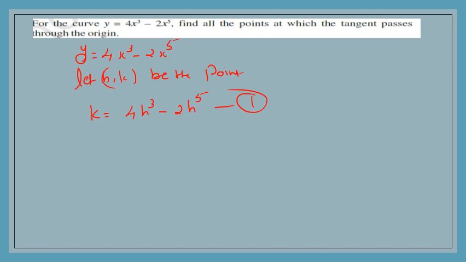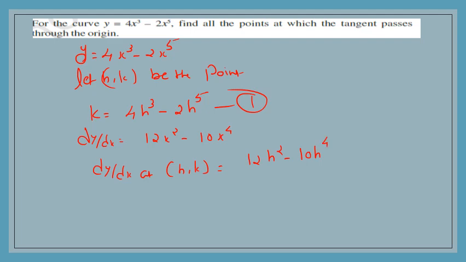Now, what is slope of the tangent? dy by dx is equal to 12x squared minus 10x raised to 4. Now, dy by dx at h comma k is equal to 12h squared minus 10h raised to 4.